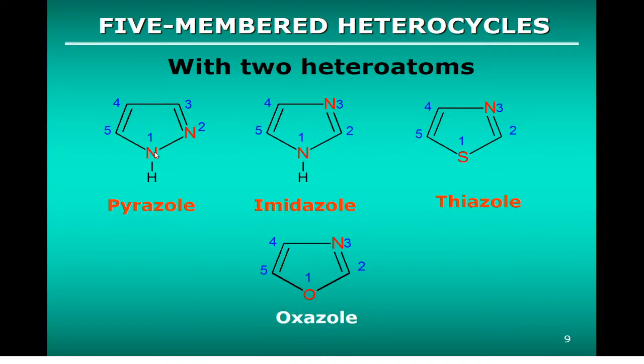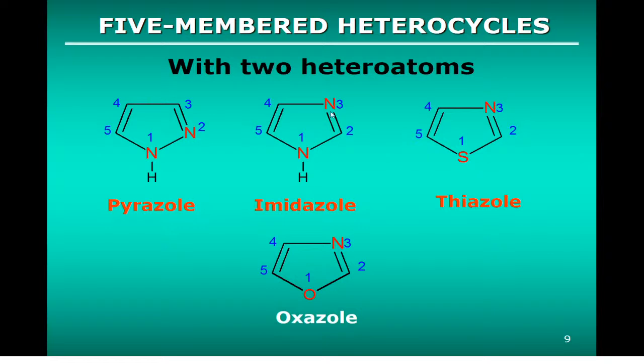Again, heteroatoms are more important for numbering than any functional group. So we start numbering from the highest, that means from the pyrrole nitrogen atom, and then we can't choose now. We will move such a way that the second heteroatom has as small a number as possible. So that's why we have anti-clockwise here in this case.